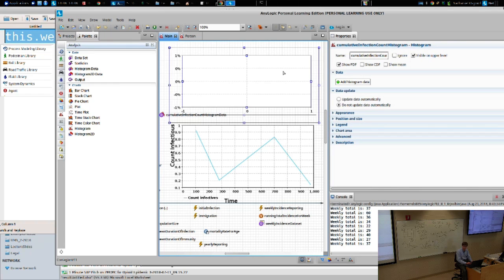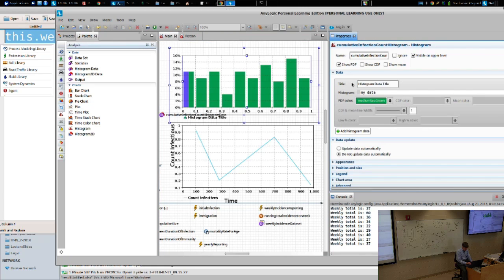Ladies and gentlemen, this histogram will be based on what data, do you think? Well, it'll be based on this data. So I'm going to add this in. I'll say plus, add histogram data, and I will say cumulative infection count.